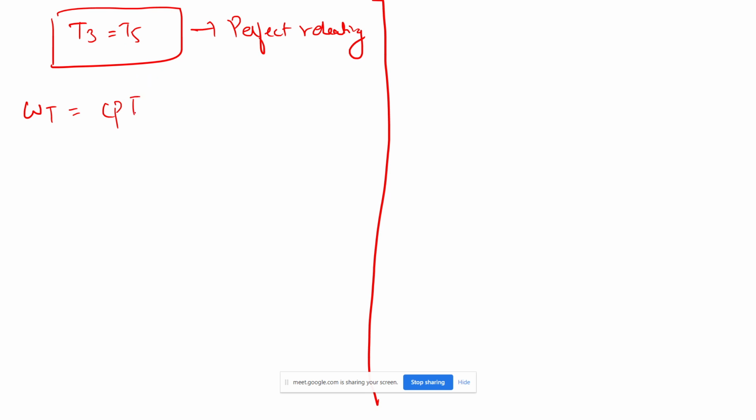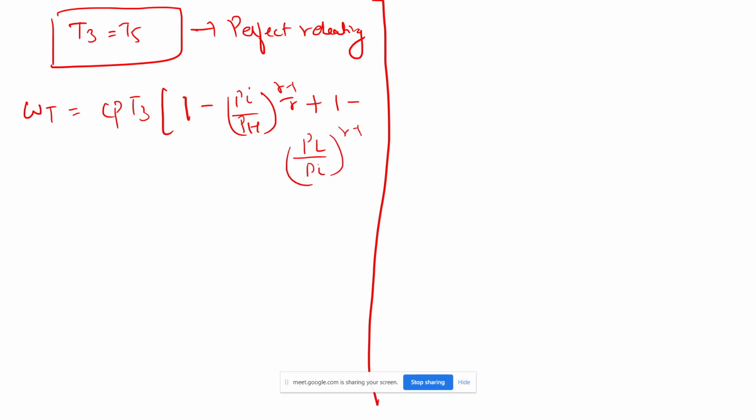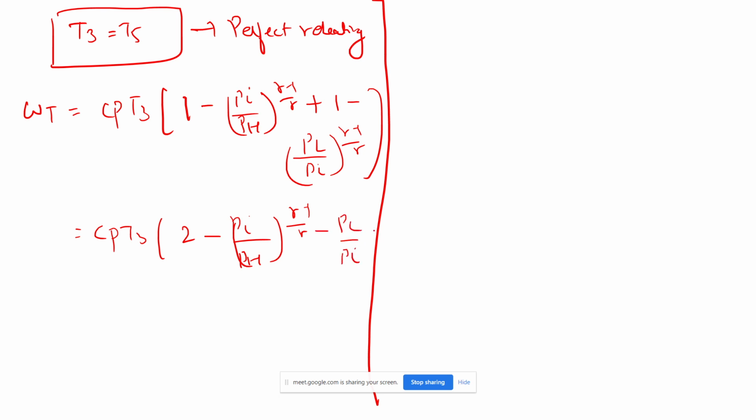So Cp T3 times [1 minus (P intermediate upon P higher) to the power gamma minus 1 upon gamma, plus 1 minus (P lower upon P intermediate) to the power gamma minus 1 upon gamma]. So we will get 2 minus (P intermediate upon P higher) to the power gamma minus 1 upon gamma minus (P lower upon P intermediate) to the power gamma minus 1 upon gamma.